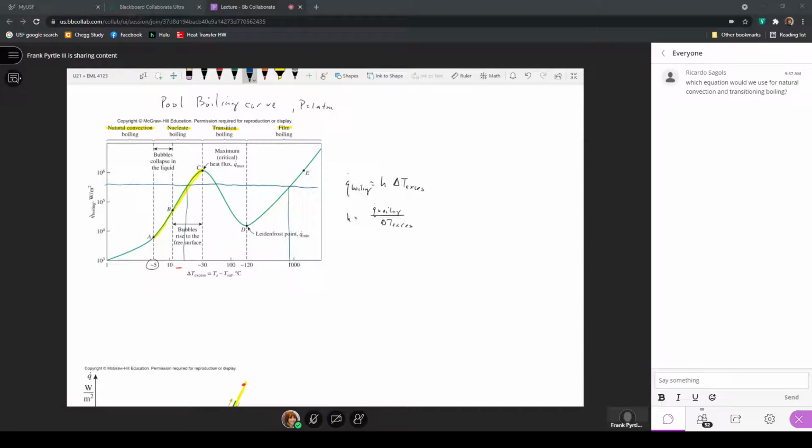So if I'm boiling water at 1 atmosphere, this surface temperature only needs to get up to maybe about 120 degrees or so. But if I want to support the same heat flux and I'm considering film boiling, that same temperature will probably be around 800, 900 degrees.